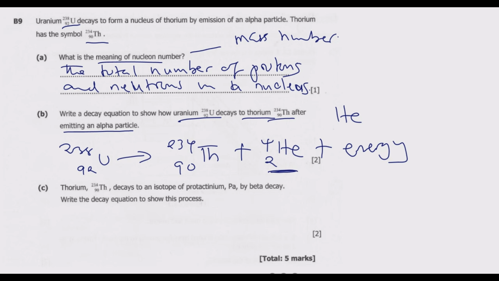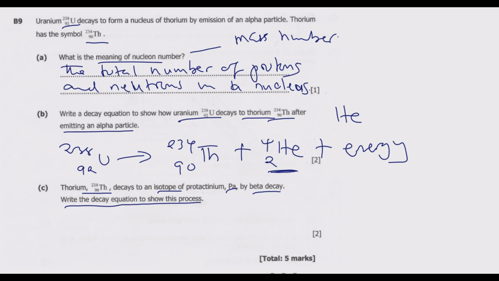We go to C. Thorium decays to an isotope, protactinium Pa, by beta decay. Write a decay equation to show this process.